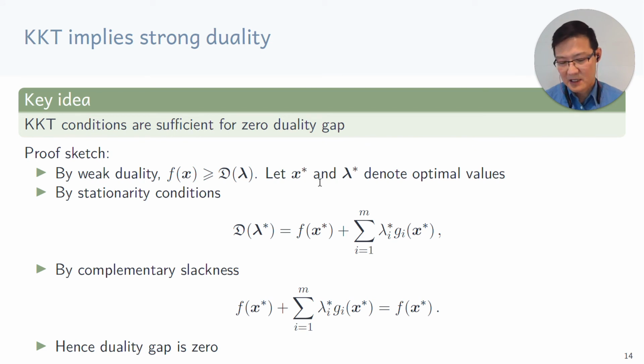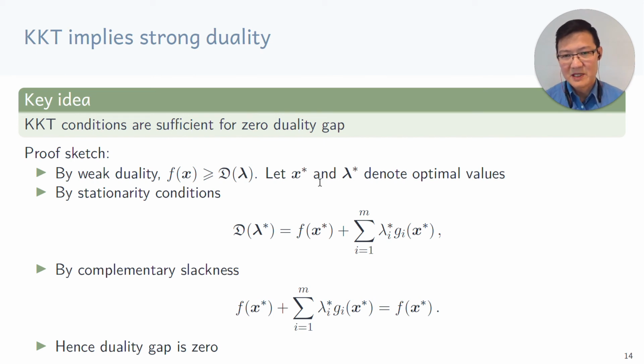Now, what's interesting about these conditions is together, the Karush Kuhn Tucker conditions are sufficient for zero duality gap. Okay? And we can see this by this quick proof sketch. By weak duality, recall that weak duality says that the primal objective function f is always greater than the dual objective function d.